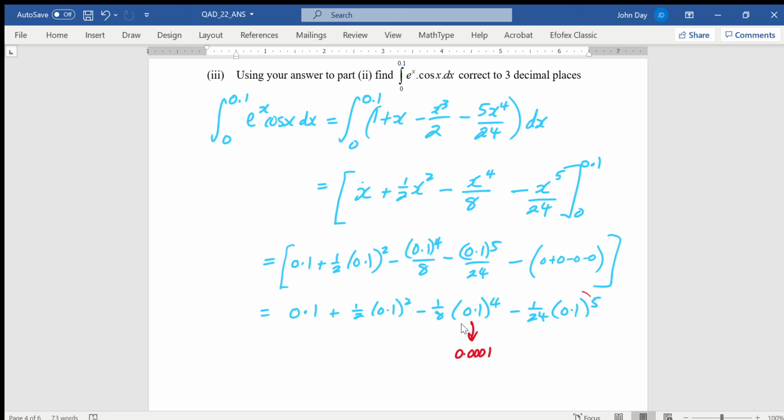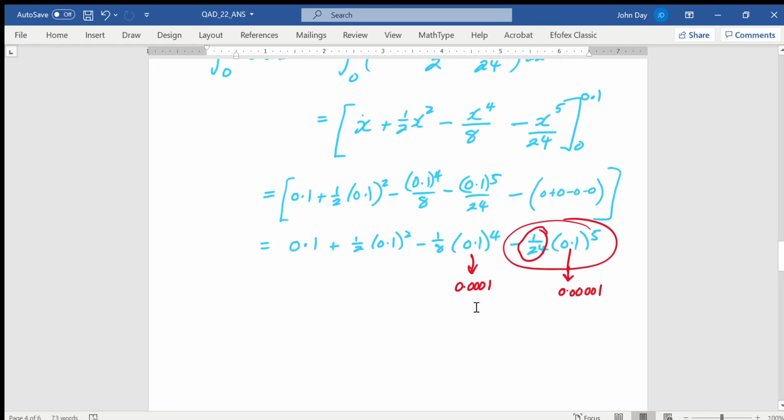This term here certainly has no effect, because this 0.1 to the power of 5 is 0.00001, and unless I multiply that by a largish number, I'm not going to get that out of the 5th decimal place, so it's hardly going to affect me doing anything to 3 decimal places. And I'm not multiplying it by a large number, I'm multiplying it by 1 on 24. So I don't even need to take that one into account if I don't want to.